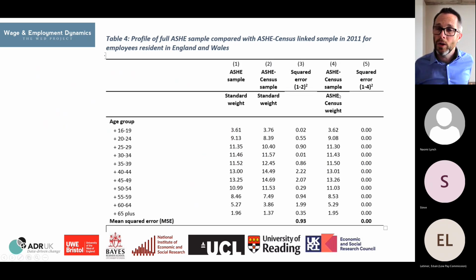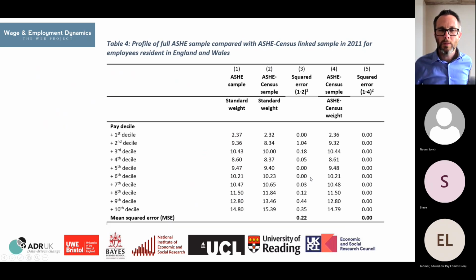So this weight is supposed to remove the linkage bias, and you can see on the 45 to 49 row, it does that very well. It returns the share of people aged 45 to 49 back to 13.26. Okay, so the bias by age is removed by our ASHE-Census weight.